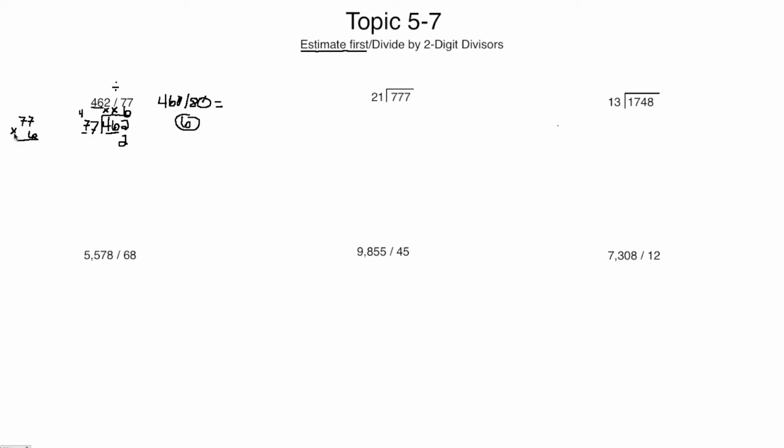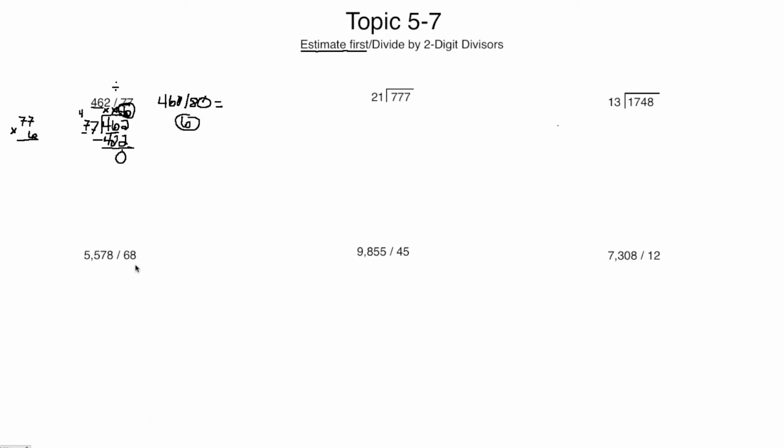Just like this. 6 times 7 is 42, plus 4 more is 46. And subtract, there's no remainder. So my estimate was exactly that of the estimated one.